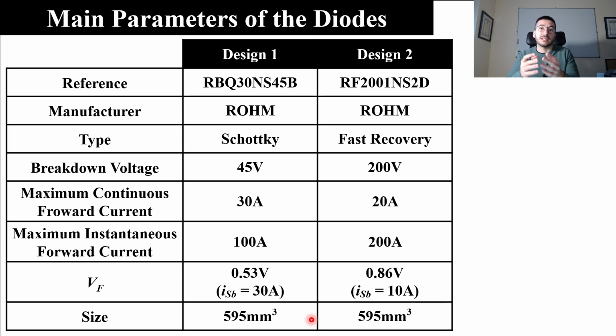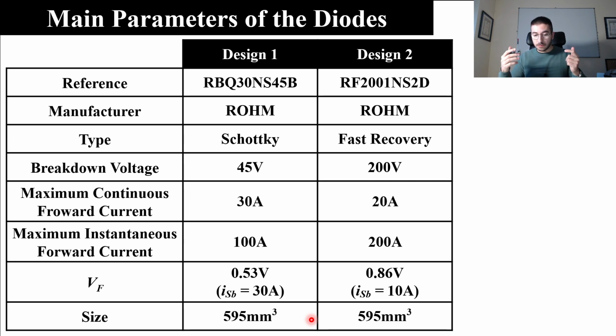So the problem is that each manufacturer evaluates the effect at a different current level, and probably they change the current level from one device to another device. So in summary, you cannot perform a fair comparison between diodes. So what we are going to do is evaluate it in terms of simulation.